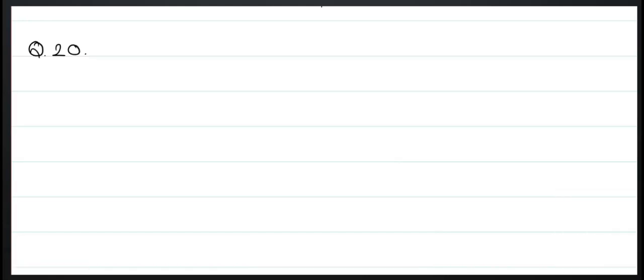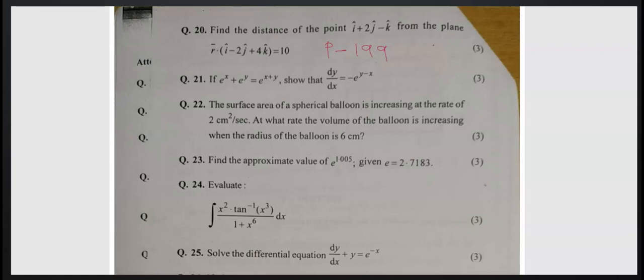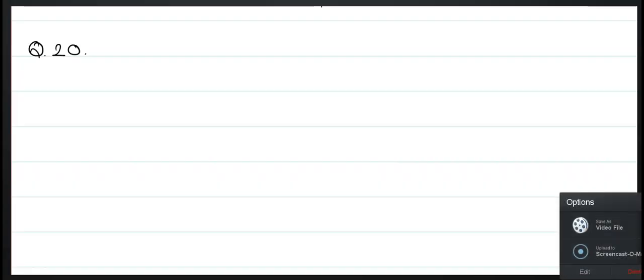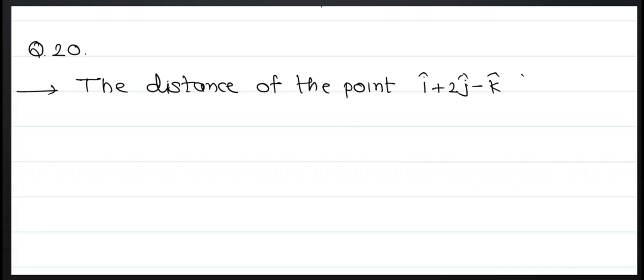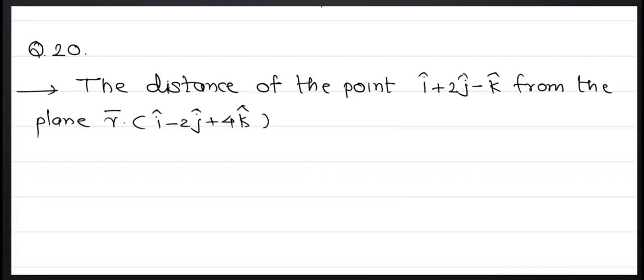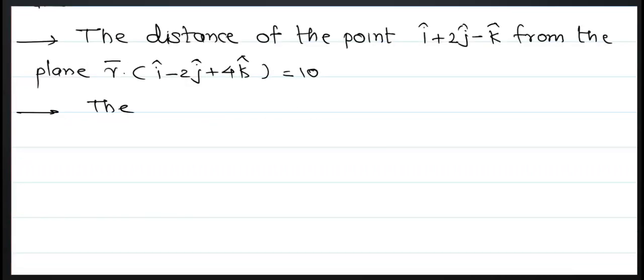So the answer: the distance of the point i plus 2j minus k from the plane r bar dot (i minus 2j plus 4k) equals 10.